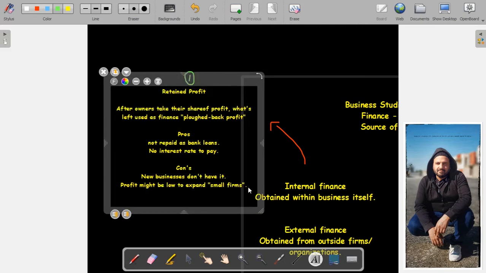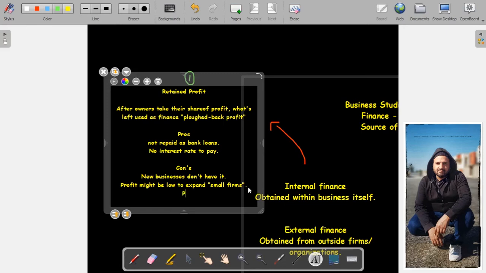And the last disadvantage is that sometimes, by keeping more profit, it will reduce the payment to the owners. The dividends for the shareholders or owners will be less. It's a method of finance that is not preferred by the owners.